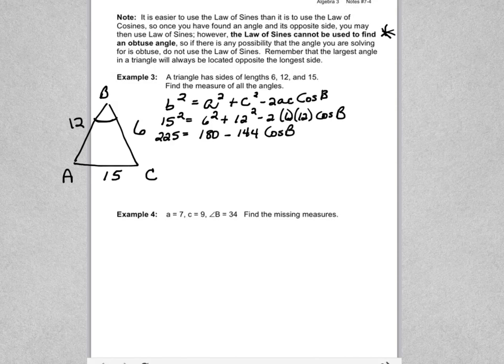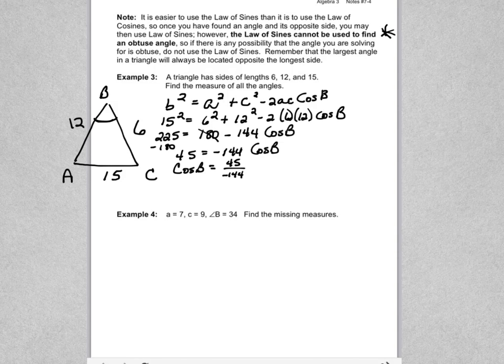So the cosine of C, or cosine B, excuse me, we have 225 minus 180, which is 45. You're going to subtract your 180 here. Okay, so you have 45 equals negative 144 cosine of B, and so cosine B equals 45 over negative 144.